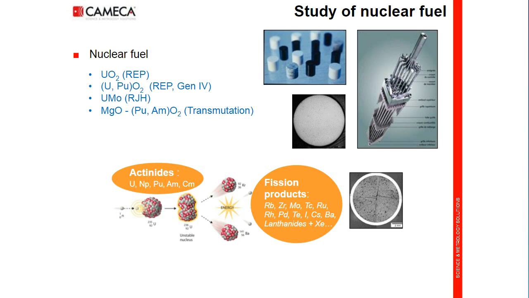During irradiation, the uranium and plutonium atoms are transformed by nuclear reaction either into fission products, for instance molybdenum, iodine, xenon, or other actinides. In addition, the energy produced by fission in the uranium dioxide ceramic induces a huge thermal gradient in the pellet that strongly affects the chemical behavior of the elements within the ceramic.